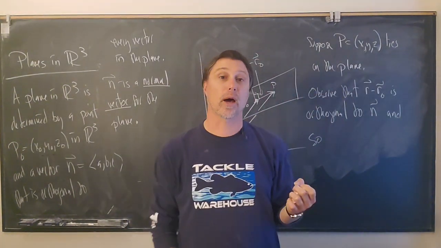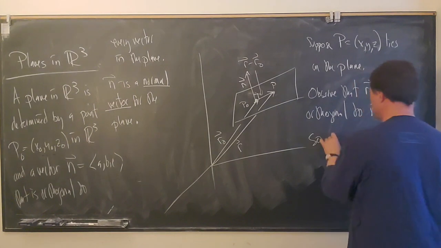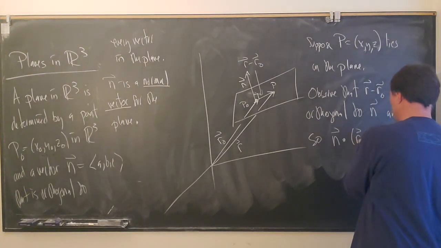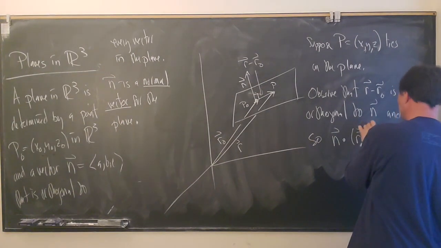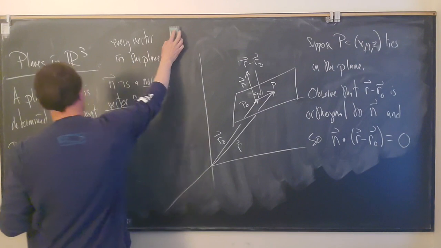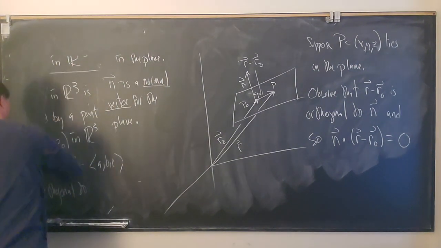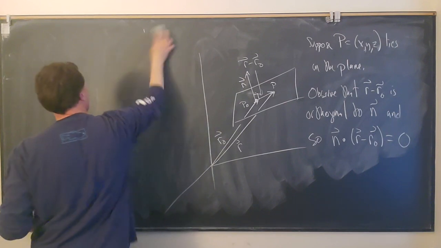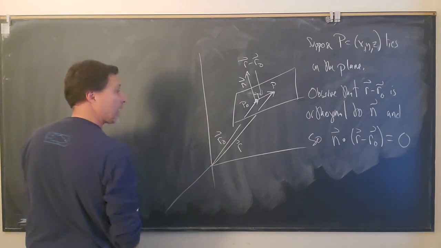We use the dot product. And so what that tells us is that n dot R minus R0 has to equal 0. So let's write that out. I know I'm erasing this, but we know who R, R0 and n are.